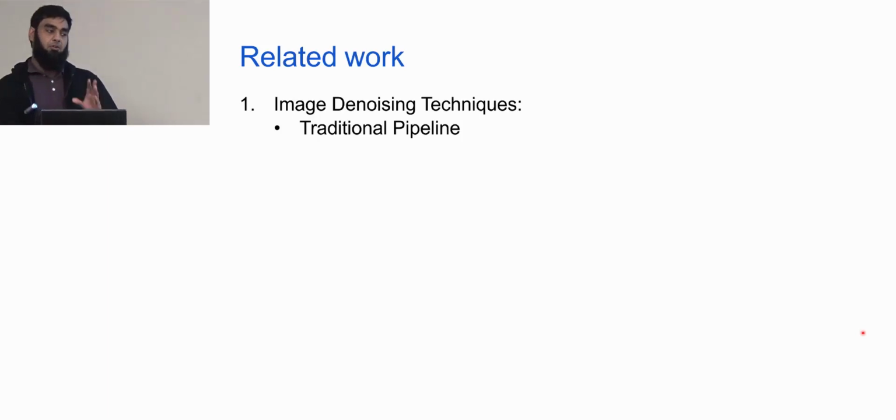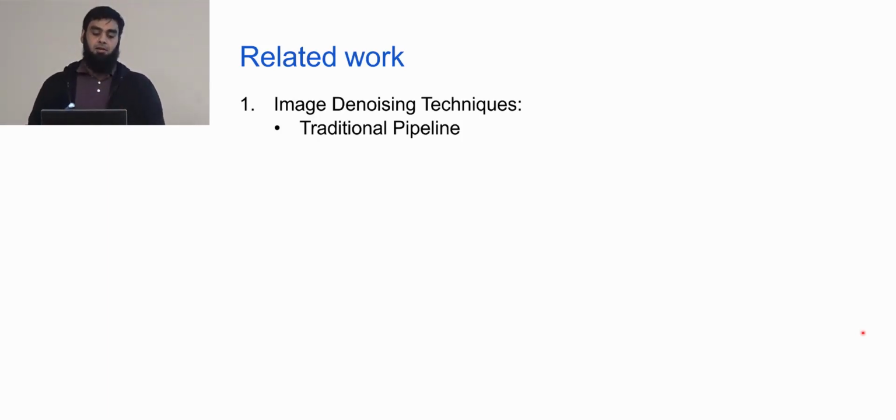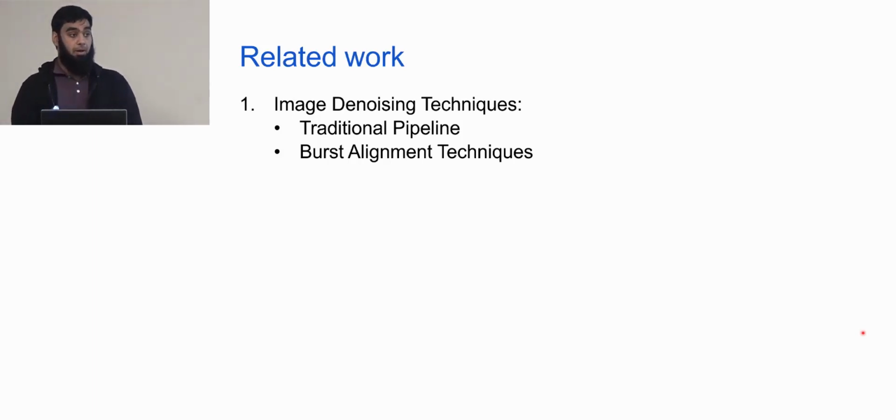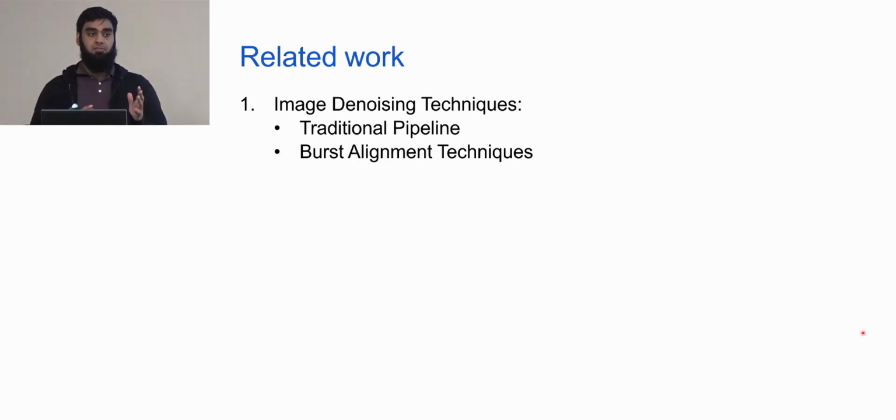It's not a learning-based pipeline, but it's still one of the best ones out there. Another is the burst alignment technique pipeline, in which we talk about bursts of images. There are collections of images, and we use all of those images to try to remove noise from our target image. And finally, there's BM3D, which is an important traditional pipeline that they use for denoising in their results.